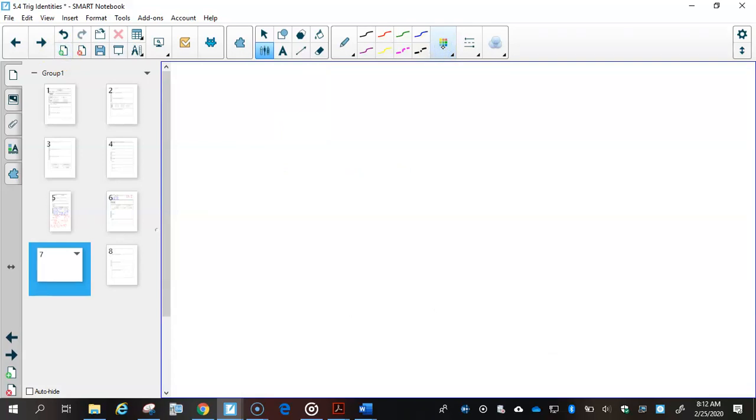So if we're going from double angle to half angle, we are going to use just a couple of the double angle formulas, not all of them. I'm going to start off by using cosine's double angle formula.